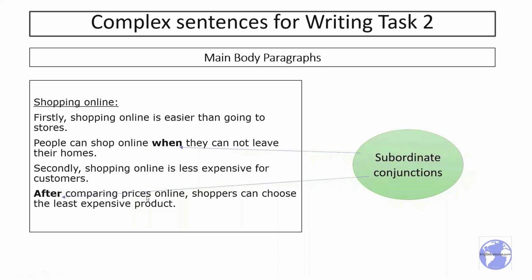After comparing prices online, shoppers can choose the least expensive product. So here I've used subordinate conjunctions of time to make complex sentences. So as you can see, it's not very complicated. I'm just placing one clause with another clause or phrase and joining with the subordinate conjunction.